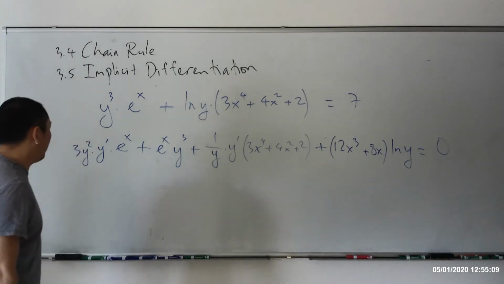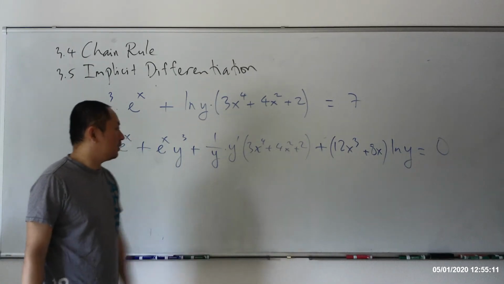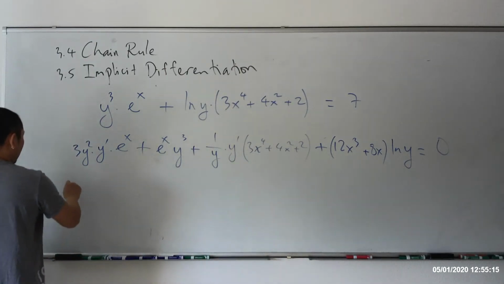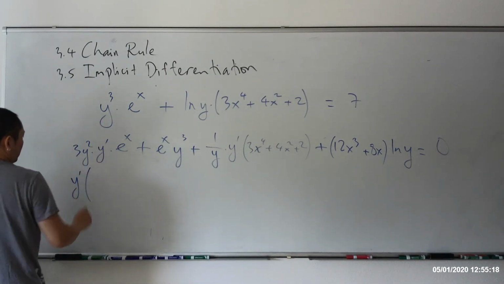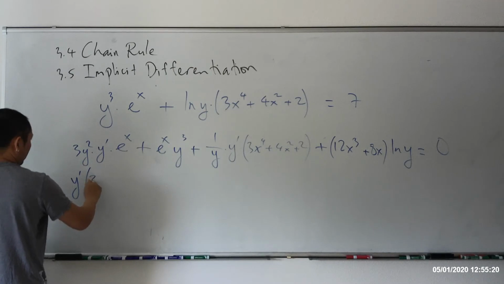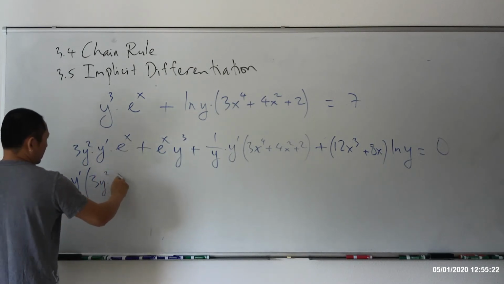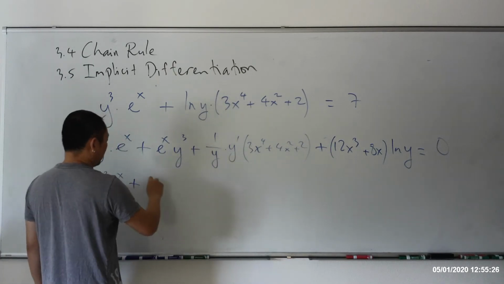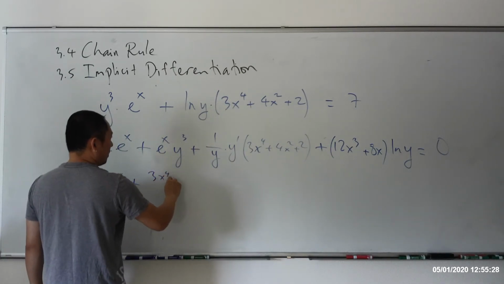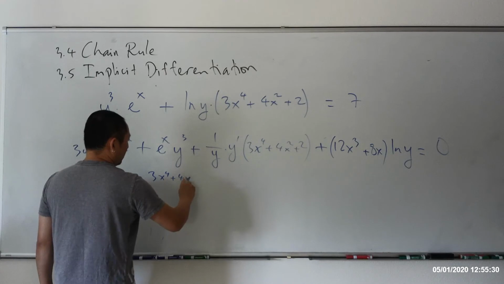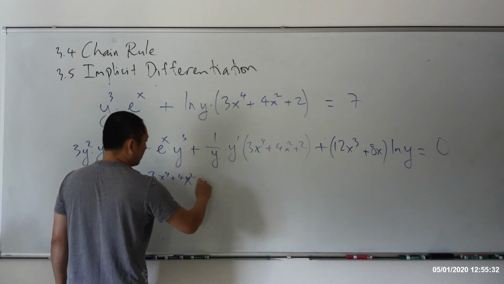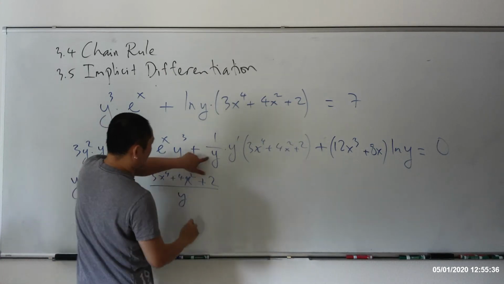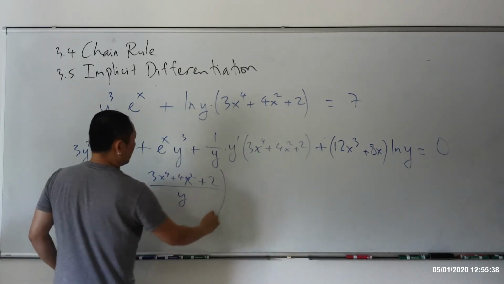Okay, now you've got a couple of terms with y prime, a couple of terms without y prime. You're going to group the terms with y prime together. On the left hand side, what's left over is 3y squared times e to the x plus, and I took y prime out, I got 3x to the 4 plus 4x squared plus 2 over y, in parentheses.